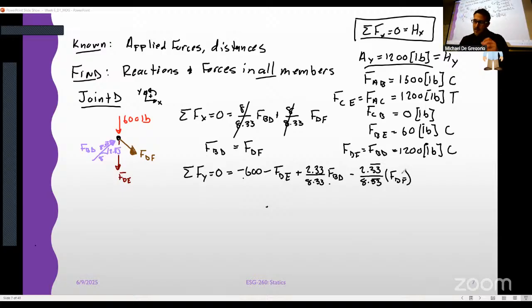I know what you're doing. You're looking at that and thinking, that looks like I'm just going to cancel those out. But remember, there's a negative sign attached to that FDF. If you were to actually draw both sides in compression, this force is actually pointing that way. So it's an additive effect.